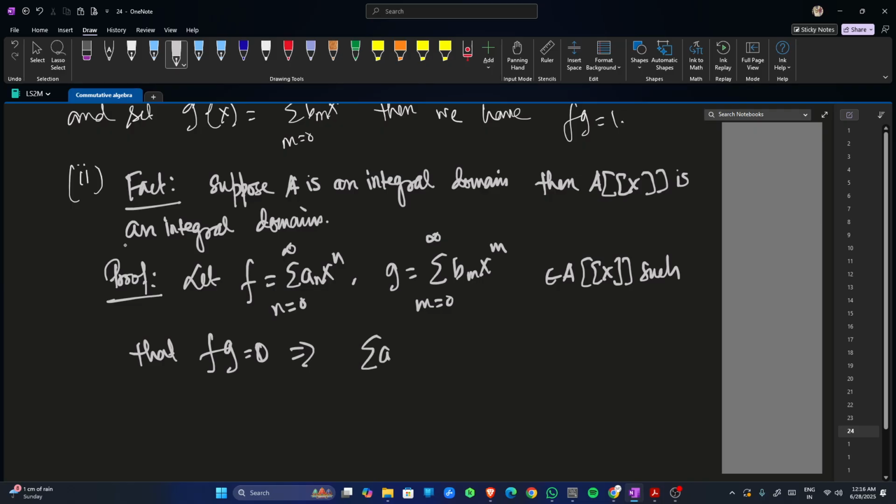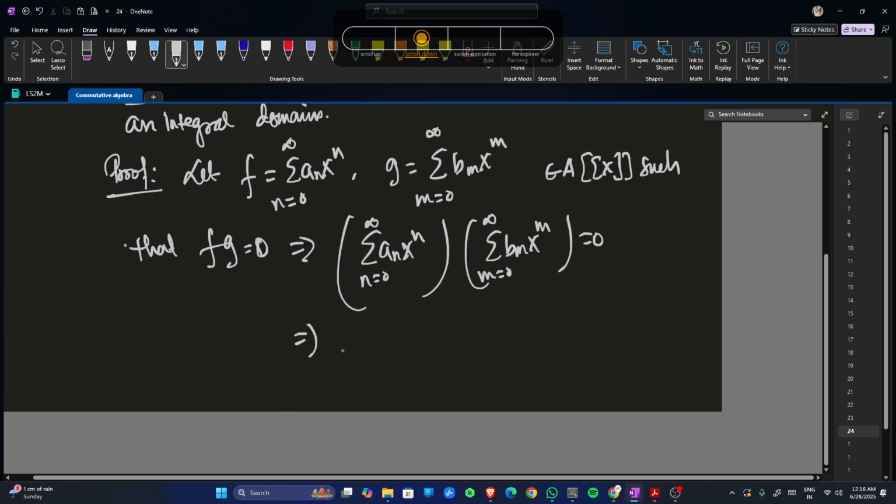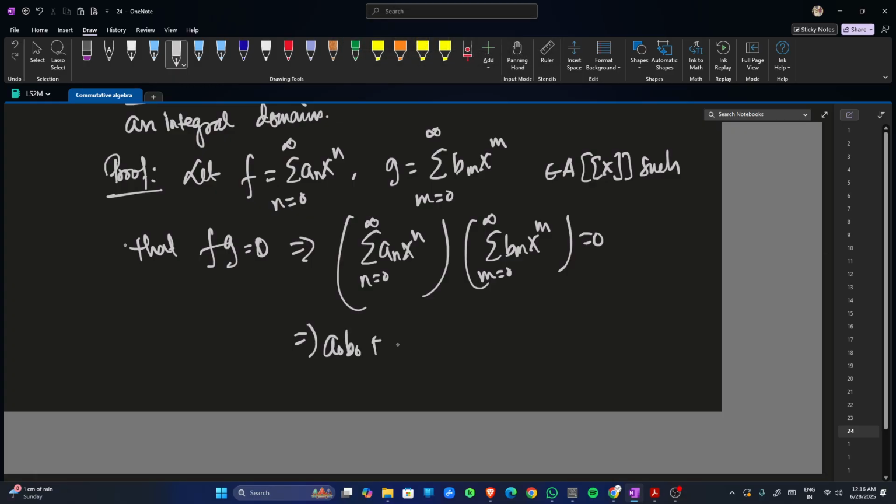This implies summation an x^n times summation bm x^m is 0. This means a0 b0 plus (a0 b1 plus b0 a1) x plus (a0 b2 plus a1 b1 plus a2 b0) x squared and so on equals 0.